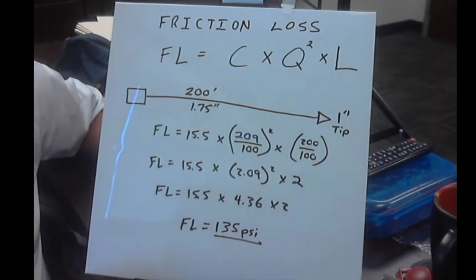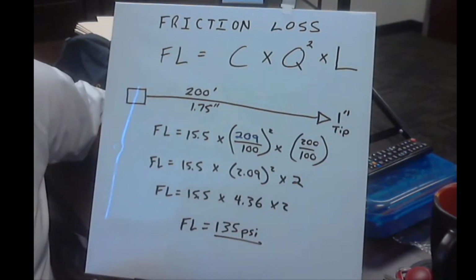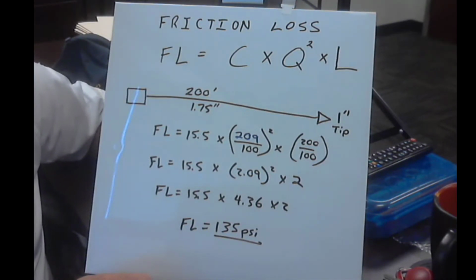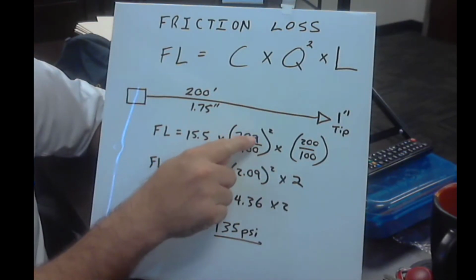And if we remember in our earlier videos when we did the 29.7 times the diameter squared times the root of nozzle pressure, we came up for an inch tip was about 209 gallons per minute.